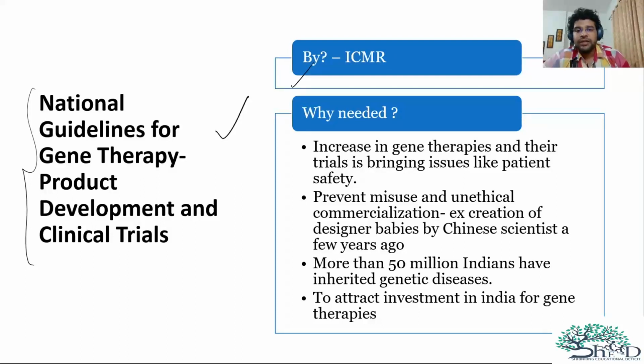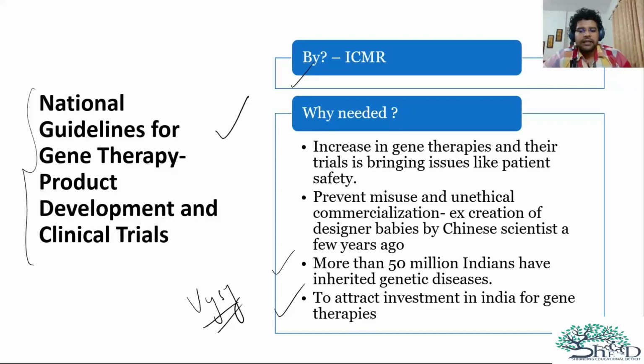We have to prevent the misuse of technology, obviously, by criminals and by doctors who do not want to follow the law. Then there are more than 50 million Indians who have inherited genetic diseases in some form or other. Like I have taken an example of a genetic issue previously, the community in Andhra Pradesh which has a susceptibility to anesthetics.